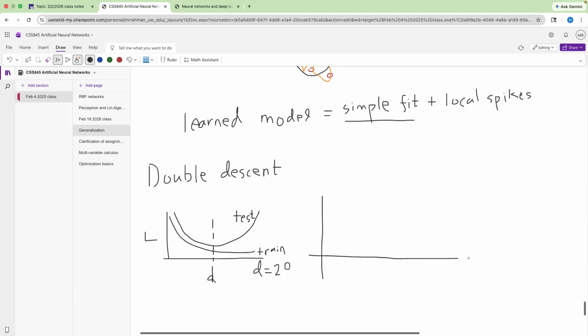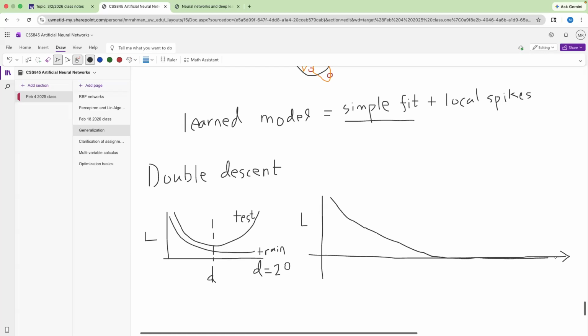Now, with large networks, we have this threshold behavior where we have loss. What we see here is that we can drive our training loss to almost zero, right?